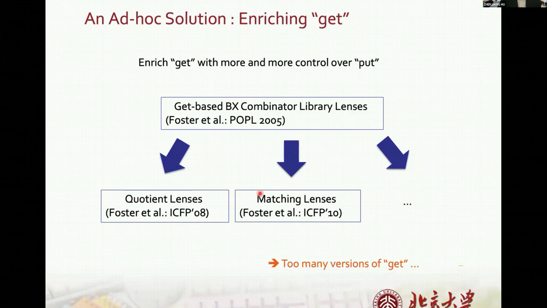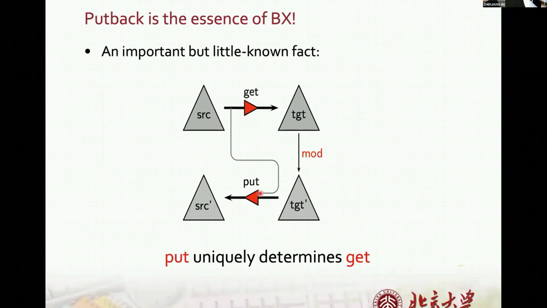This is exactly where putback-based bidirectional transformations come into play. As I mentioned during the history explanations, there is an important but little known fact: for a bidirectional transformation, given a get, there exist many puts that can be paired with get to form a well-behaved bidirectional transformation.